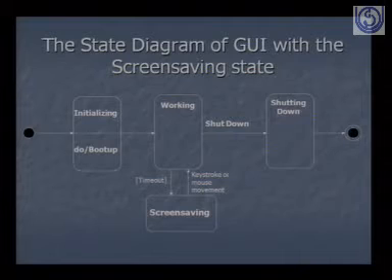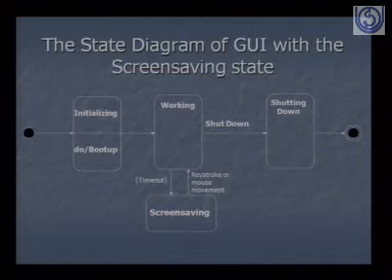So here I am trying to depict these particular things once again. There is a state called the screen saving state, but this screen saving state happens once the time is out. Suppose I had given 15 minutes of time delay. So after the timeout of 15 minutes, it is going to display the screensaver. That particular condition is called the guard condition, G-U-A-R-D.